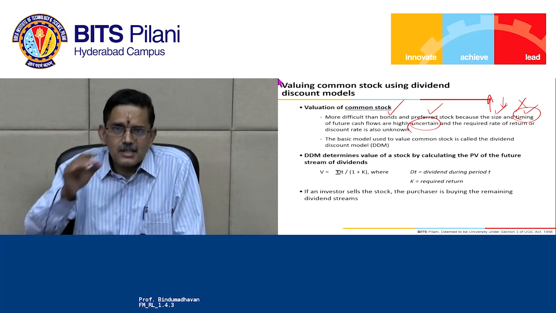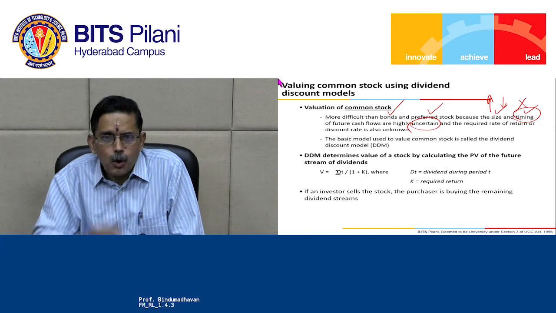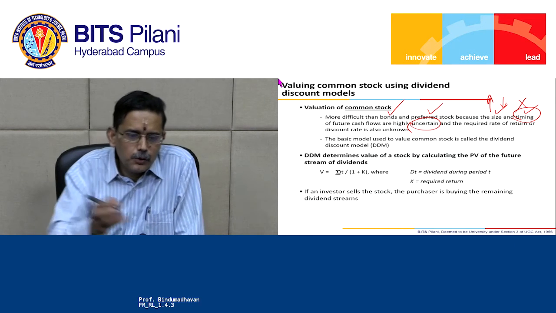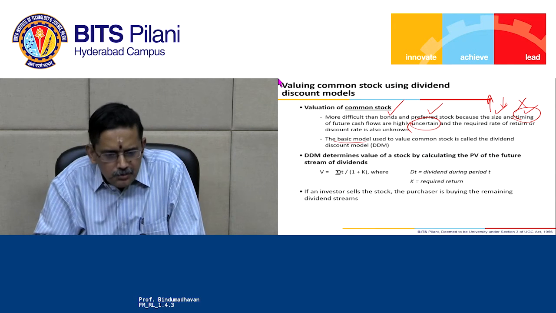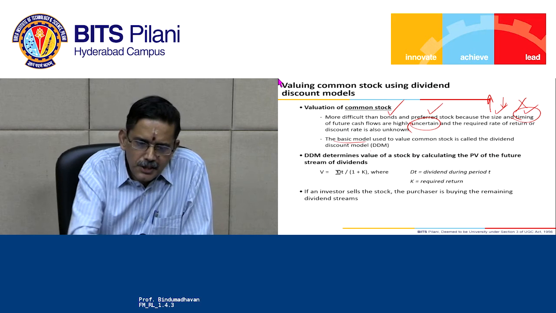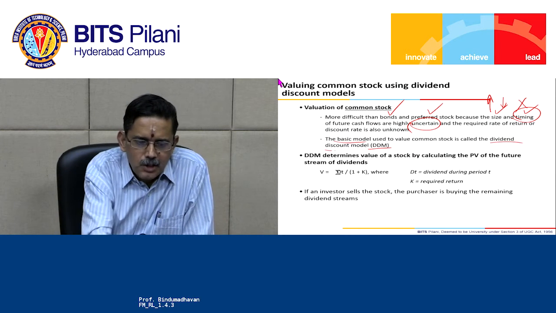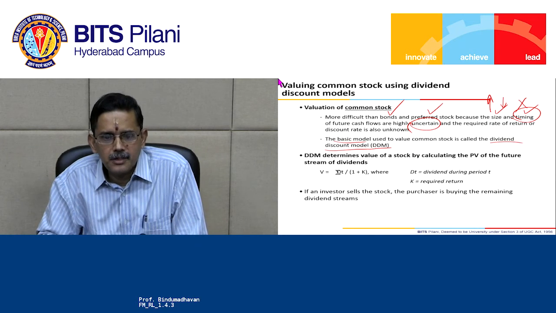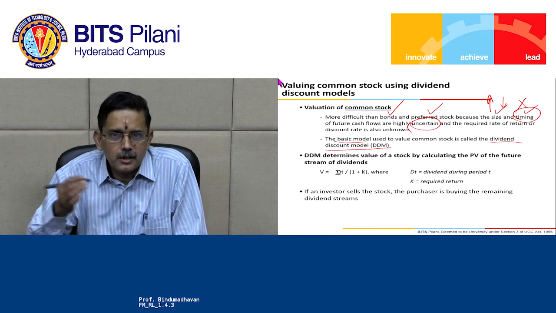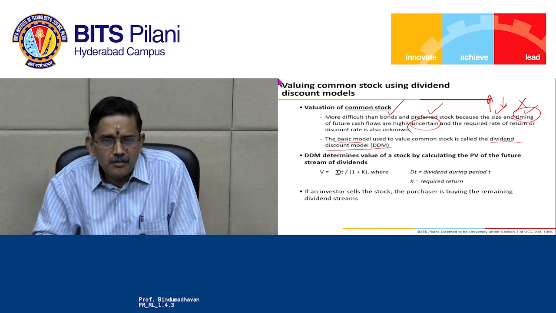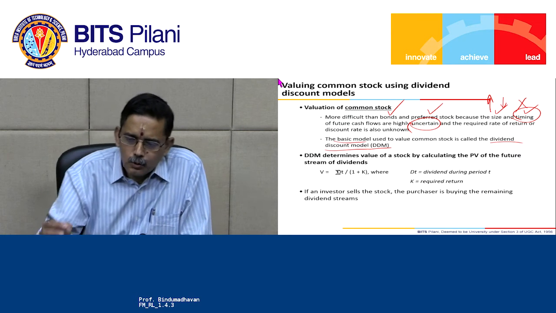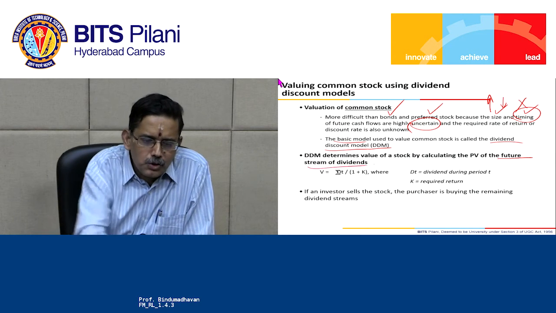So for us, some of the inputs will be given, and we are going to use a very basic model to value the common stock. This model is called the DDM, or the dividend discount model. We will value the common stock by calculating the present value of the forecasted future stream of dividends.